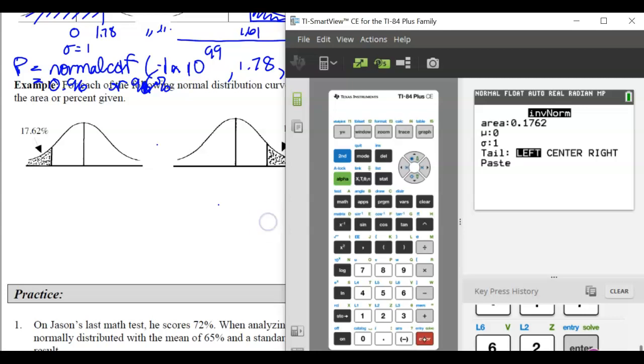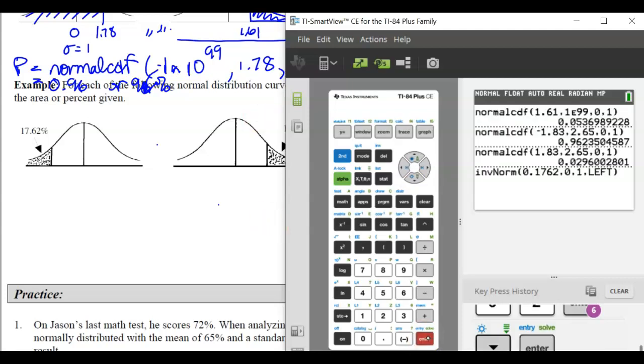So we enter on that, and then cursor down, paste. And this is what older versions of the calculator look close to. You wouldn't have this left there.